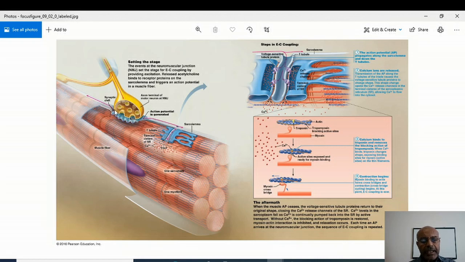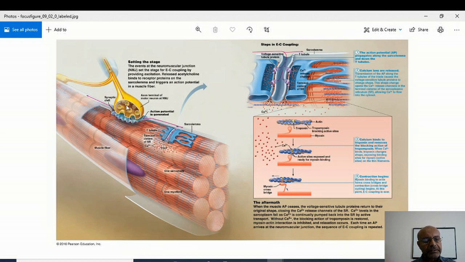By the way, when the impulse, which is represented here with a red arrow, arrives here at the neuromuscular junction, which is a junction between a nerve and a muscle cell at the sarcolemma, note that this part of the sarcolemma, or part of the plasma membrane of the muscle cell, which is attached to the nerve ending, is part of the neuromuscular junction. This part of the sarcolemma is known as the motor end plate.